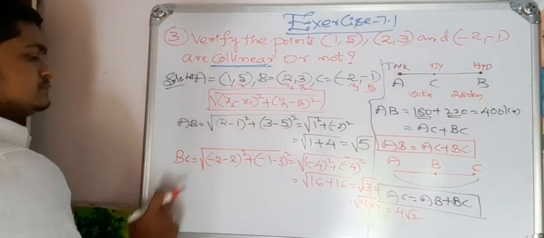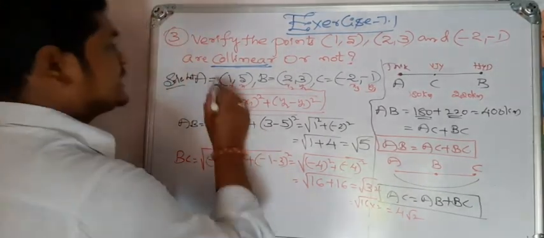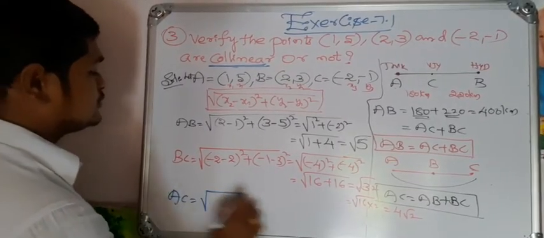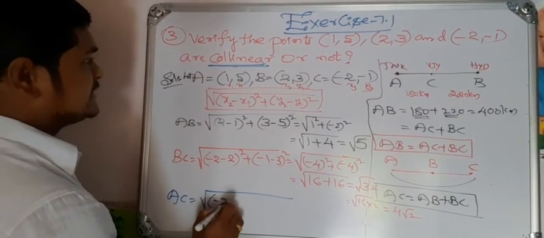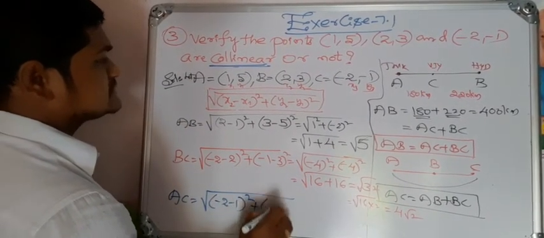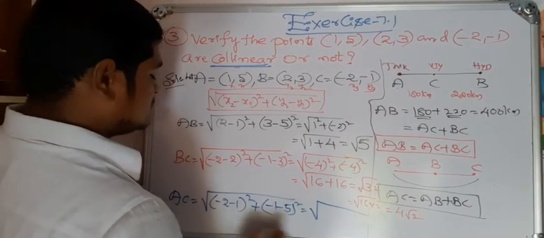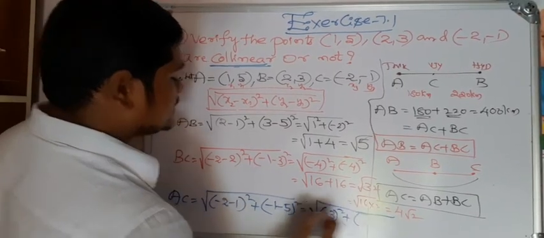Next, find the distance between A and C, that is the first point and the last point. So AC is equal to root over the first point minus the last, (minus 2 minus 1) whole square plus (minus 1 minus 5) whole square. So minus 2 minus 1, both are the same symbol, so add the two values.